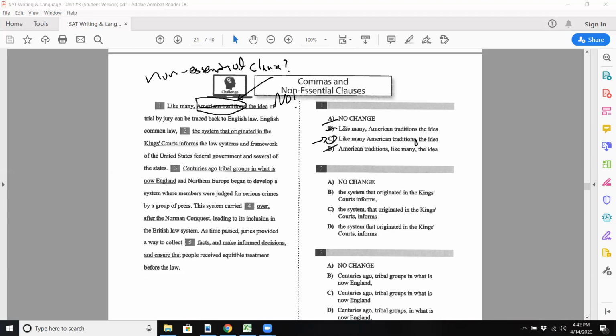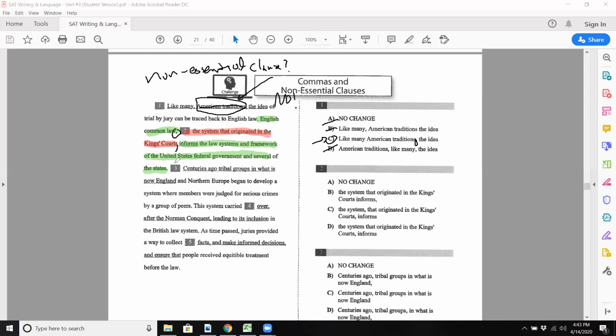English common law, this isn't originated in the King's courts. So I would definitely go a comma right here. So that's being set up as a non-essential clause, because you could have just said, the way I put in green, English common law informs the law systems and framework of the U.S. federal government and several other states. That could be its own sentence, a complete sentence without the middle phrase.